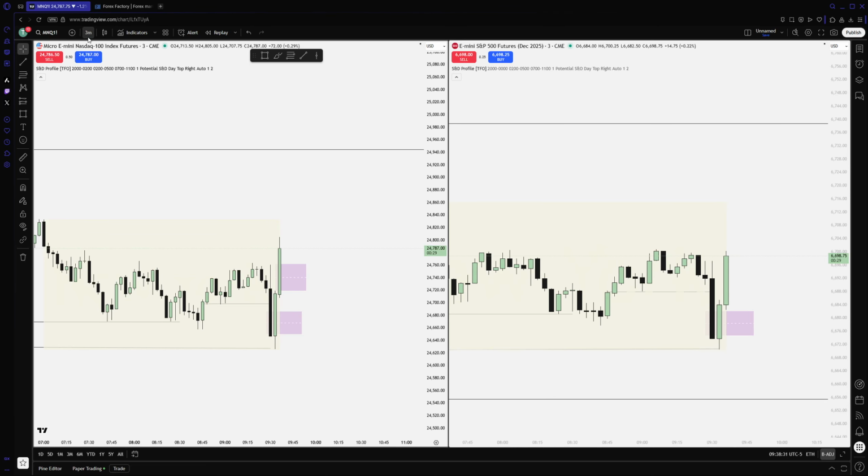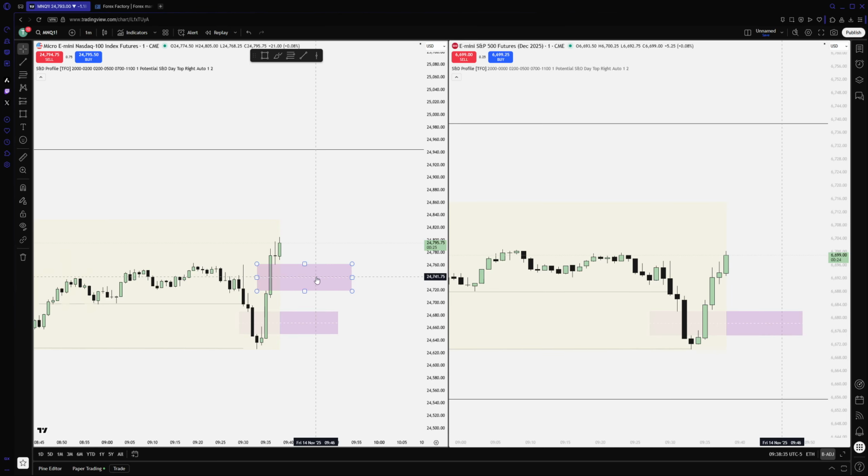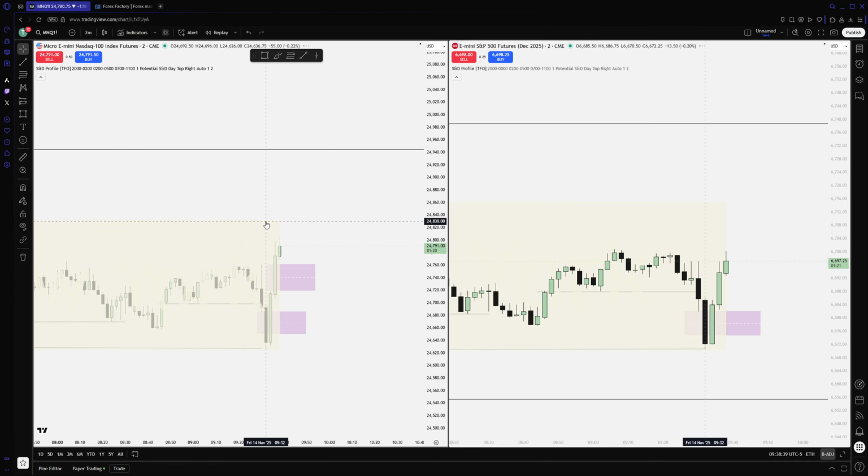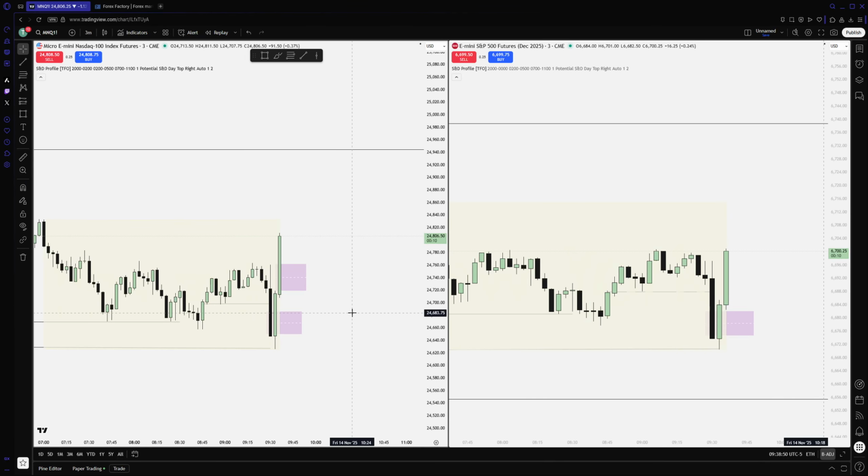Like, give me an entry. I don't know if I can realistically take this when we have so many inefficiencies here. Haven't even tapped back into the 3-minute CISD here either.